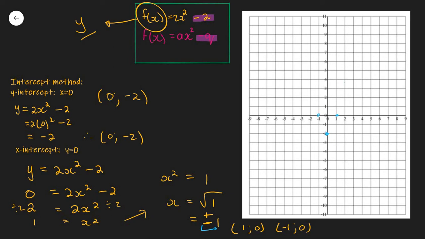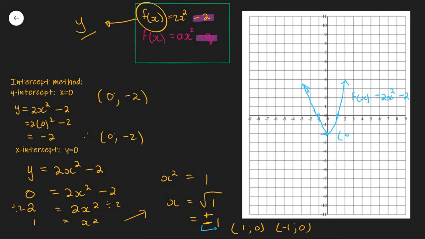Here we go. I'm going to try my best to do it beautifully, better than usual. This is f(x) equals 2x squared minus 2.